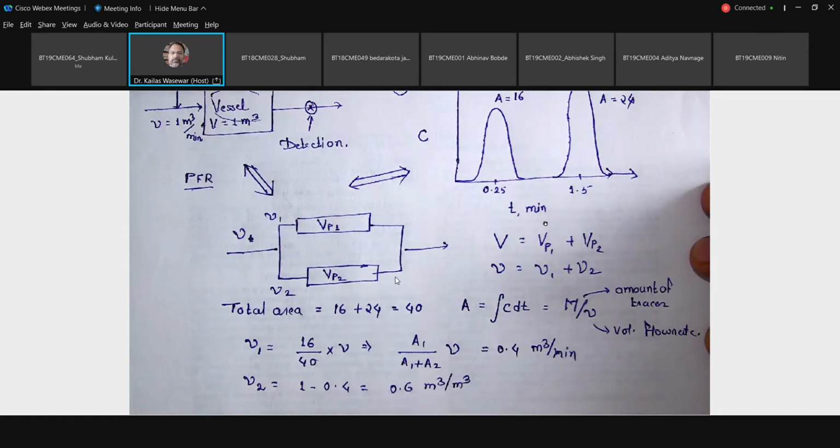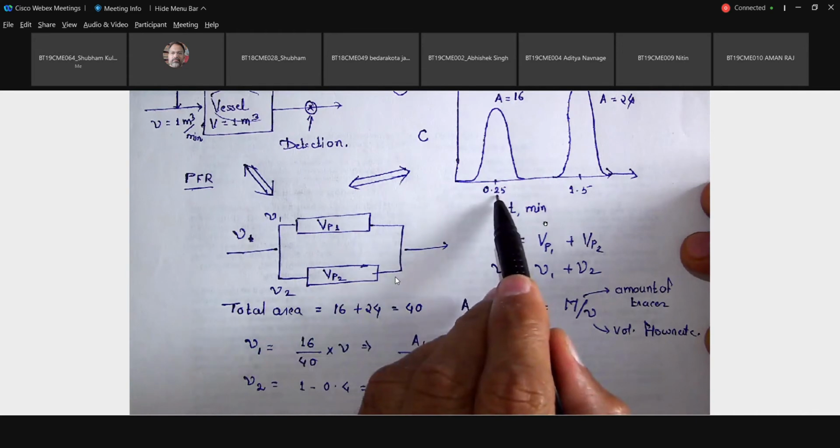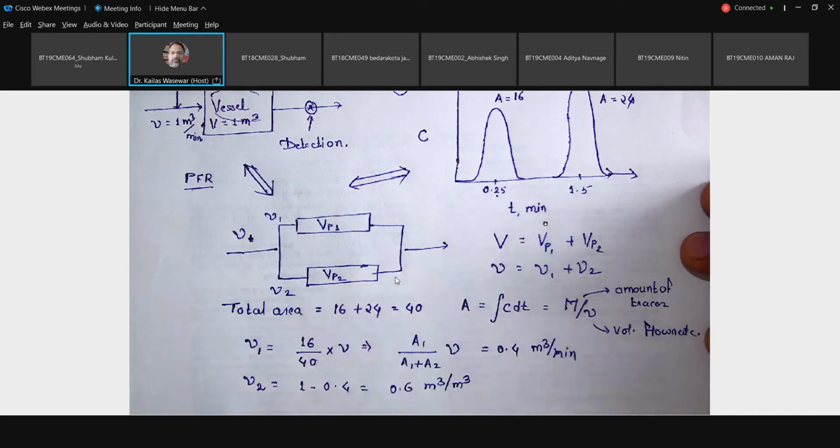So once you have this value, the flow rate is there, so V1 you can get. 0.25 is there, the mean residence time.